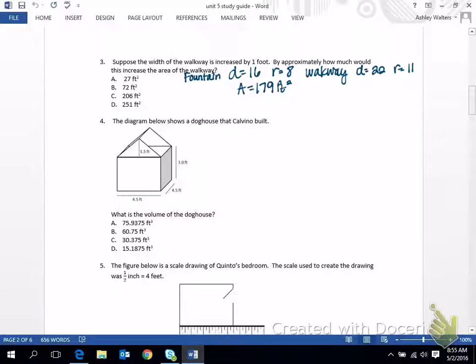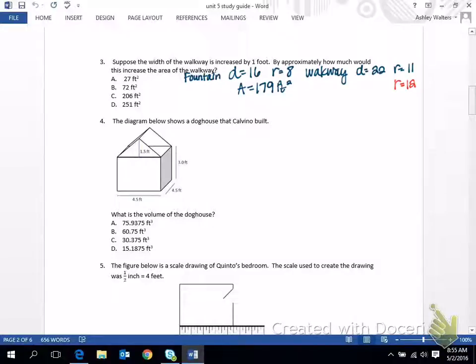Its area was 179 feet squared. So we're taking now the walkway and increasing it by 1 foot. And if you increase it by 1 foot, that means that you are increasing the radius by 1 foot, making the radius now 12.